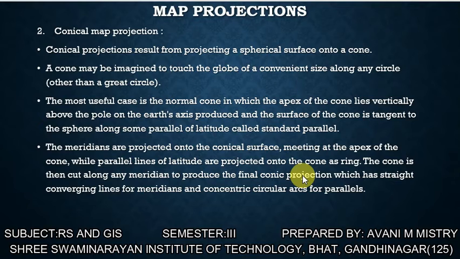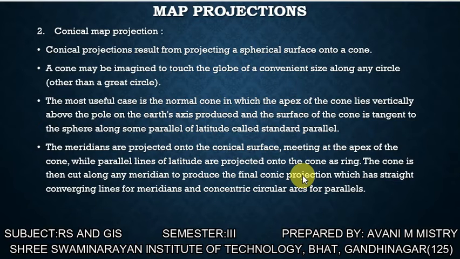The most useful case is the normal cone, in which the apex of the cone lies vertically above the pole on the earth's axis produced, and the surface of the cone is tangent to the sphere along some parallel of latitude, the standard parallel.